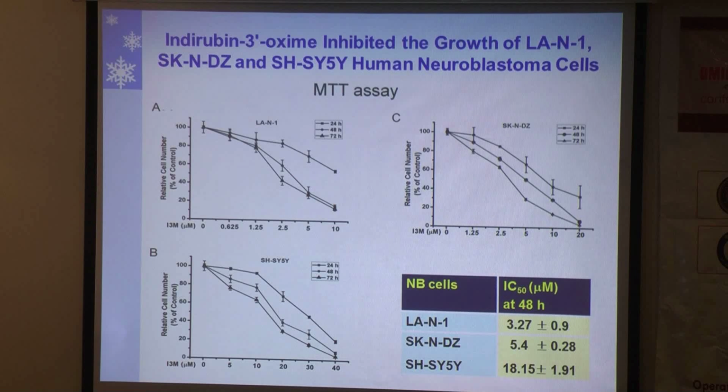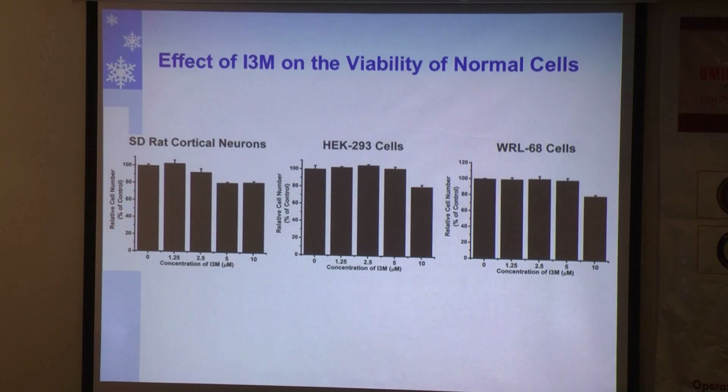Interestingly, I3M has a very high potency on this high-risk neuroblastoma, whereas the SH neuroblastoma cell has only one single copy of MYC and a relatively lower IC50, the inhibitory 50 concentration. So we focus on the ability of I3M to have an anti-tumor effect on the high-risk neuroblastoma LAM1 cell.